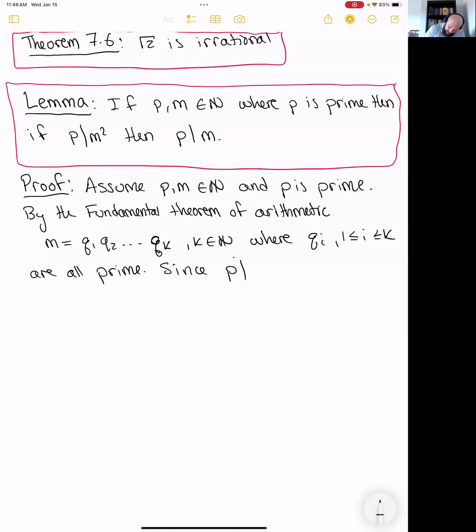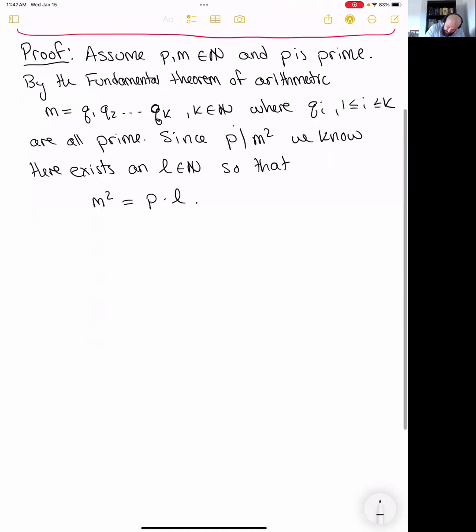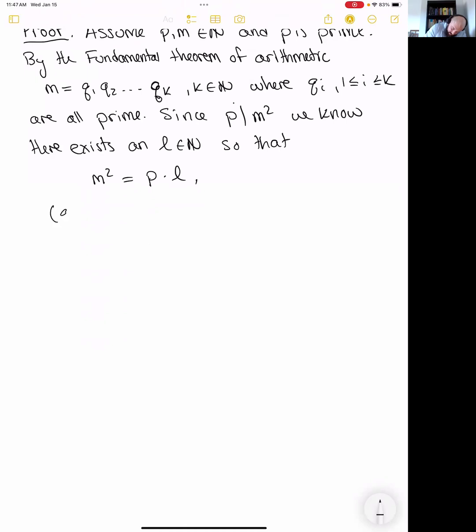Since P divides M squared, we know there exists an L in the natural numbers so that M squared is equal to P times L, which we can already notice is the same thing as Q1 Q2 Qk squared equals P times L, and that's the same thing as Q1 squared, Q2 squared, Qk squared is equal to P times L. All right, so now the point is that the left-hand side is completely broken down into primes, and the right-hand side includes a prime.